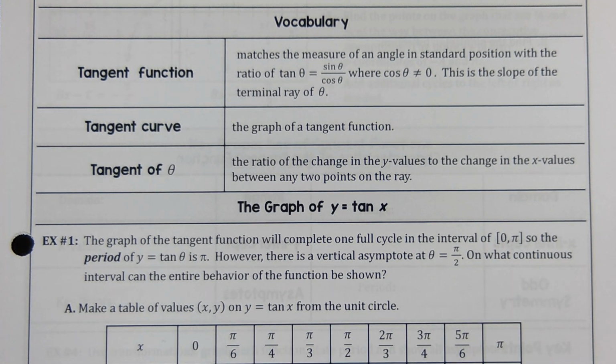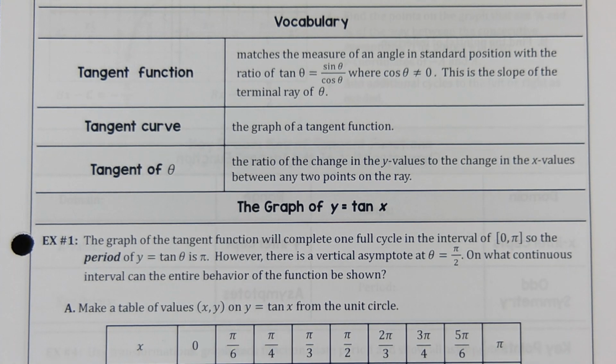We also can't say the amplitude of tangent. That doesn't make any sense. And the reason why is because the amplitude is literally the maximum or minimum distance from a midline. But tangent has vertical asymptotes. And the definition of vertical asymptote is a place where your graph will get insanely close, but will shoot off towards one of the two infinities. That's why they're called infinite discontinuities, if you remember back to the beginning of the year. And since our graph can shoot off to the infinities, the range of tangent is all real numbers.